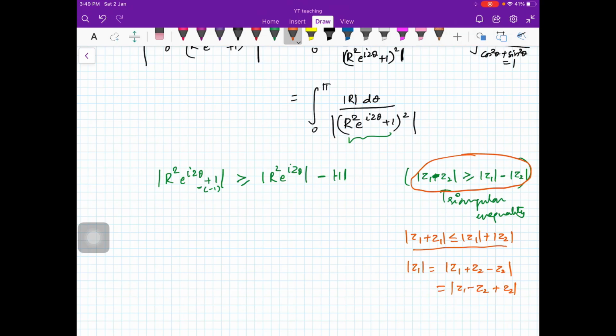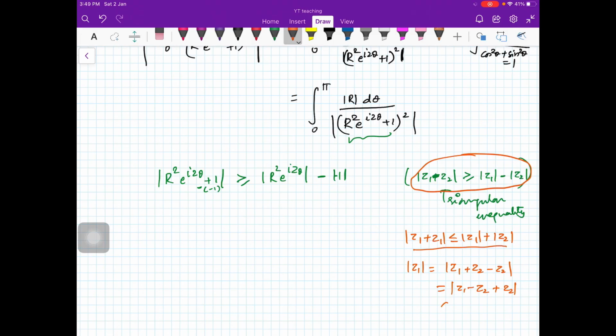So this number here is 0. Therefore the value of the integral from minus infinity to infinity of 1 upon x square plus 1, whole square, dx is pi by 2. This is a technique with which you can use Cauchy's integral formula or Cauchy's theorem to compute some real integrals.